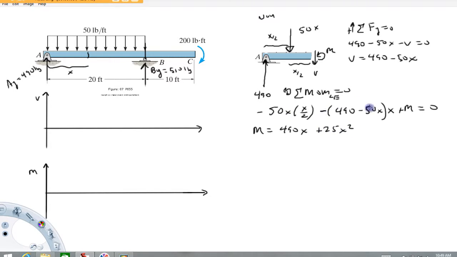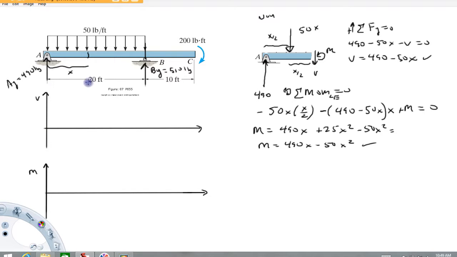And then here is a plus 50x squared, and we'd have to subtract that from both sides. So that's going to be minus 50x squared when we put that over on the right. So what we end up with is that the internal moment is going to equal 490x minus 50x squared.